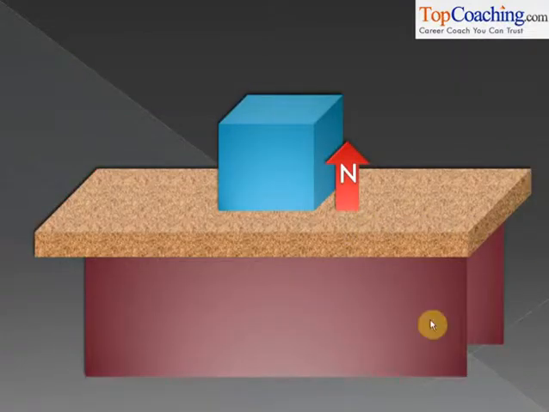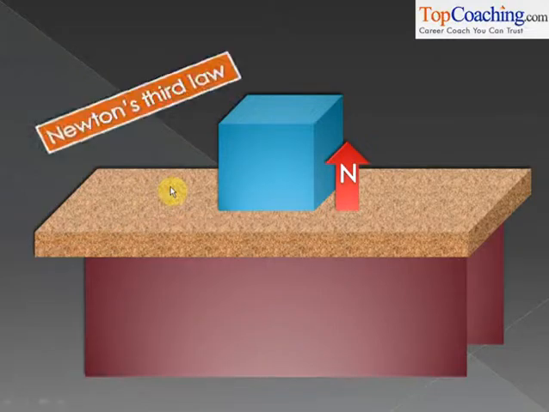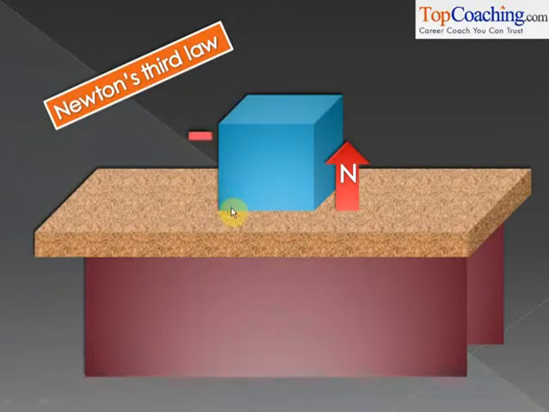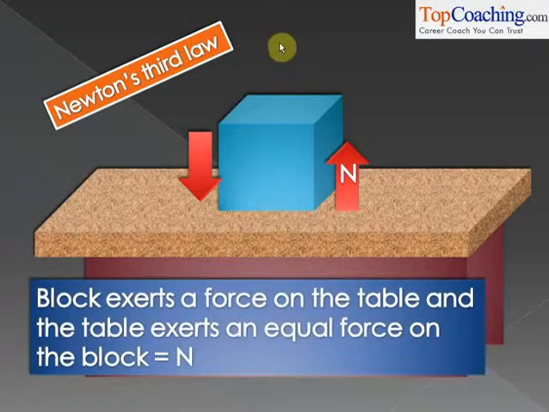In this figure here, as you can see, the block has a normal reaction from the table acting on it. This normal reaction acts perpendicular to the surface of the blue block. Understood? So the surface of the blue block experiences a uniform normal reaction upwards from the table. The reason for the normal reaction is Newton's third law.